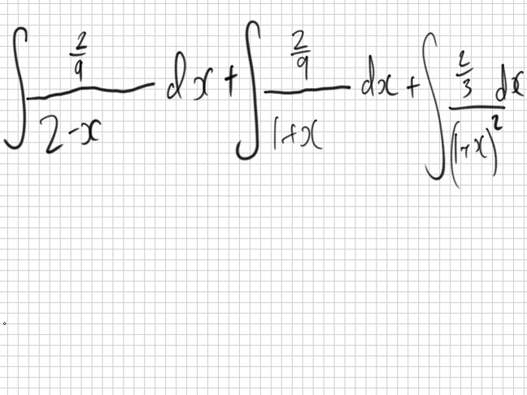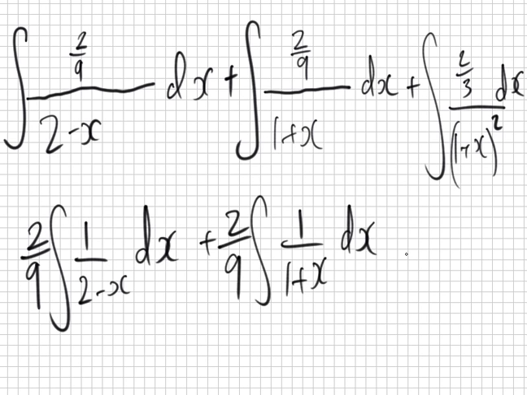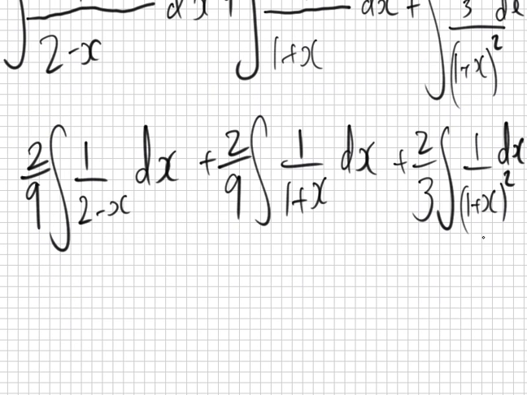Now let me clean this up. I can write this as 2 over 9, integral of 1 over 2 minus X dx, plus 2 over 9, integral of 1 over 1 plus X dx, plus 2 over 3, integral of 1 over 1 plus X squared dx.